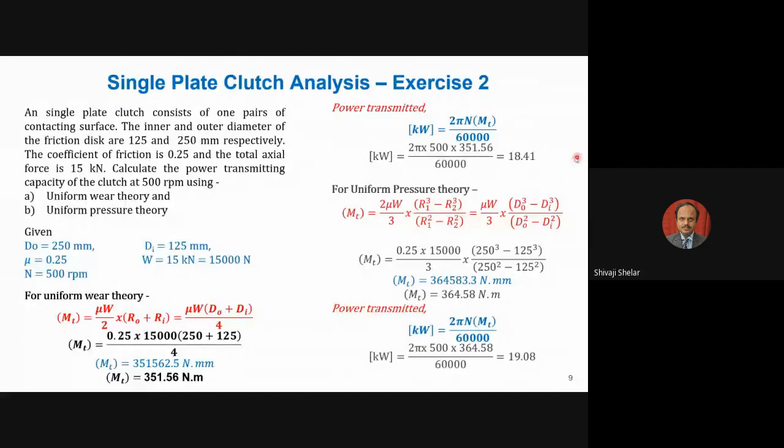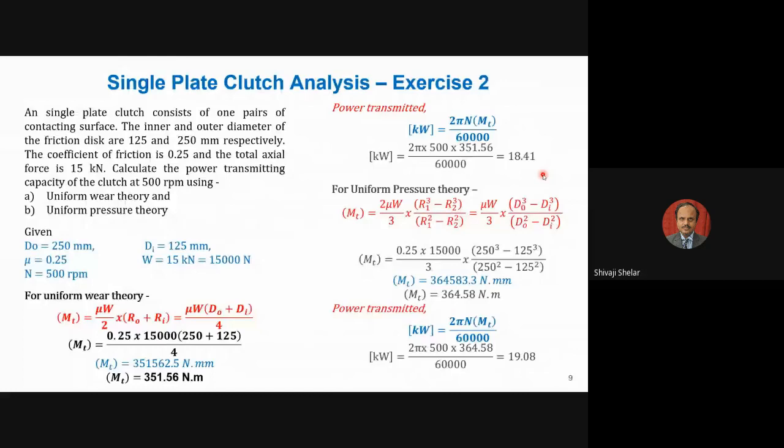If you use uniform wear theory, the power rating of your clutch decreases, and that decreased value is around 18.41. So when your clutch is brand new, it will transmit 19.08 kilowatt, and as it wears out, it will transmit 18.41 kilowatt.